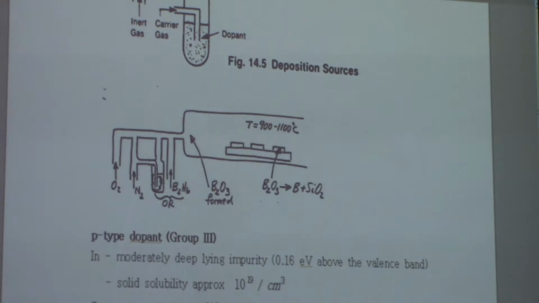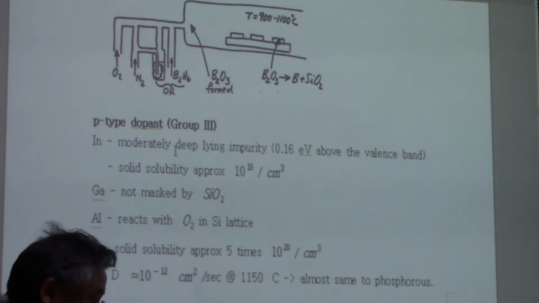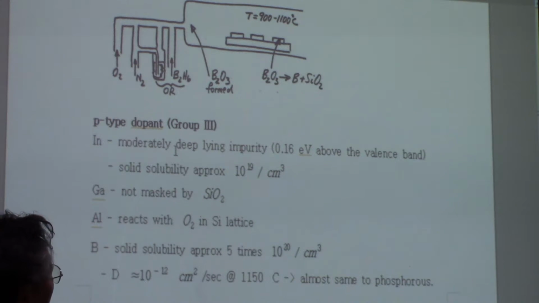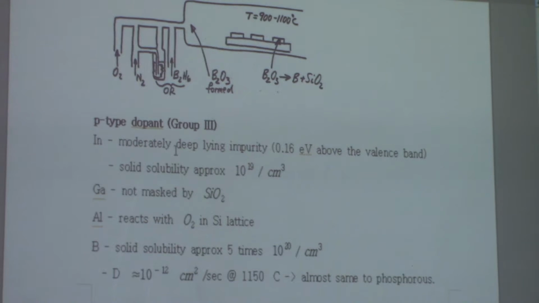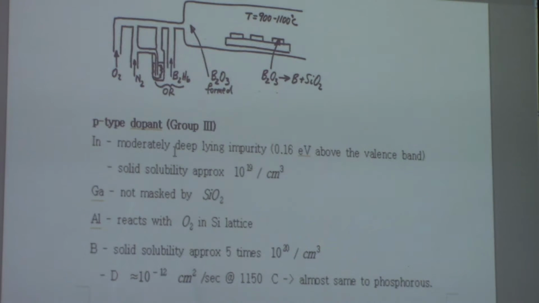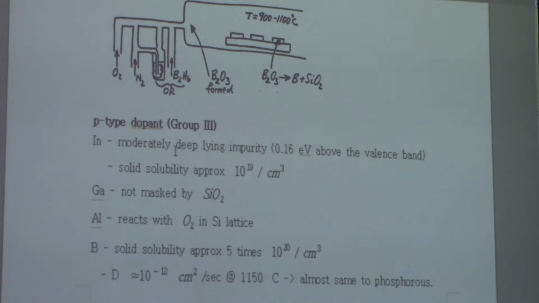Let's discuss the system a little bit later. Here, p-type dopants in silicon: the substitutional atoms should work as a dopant, right?